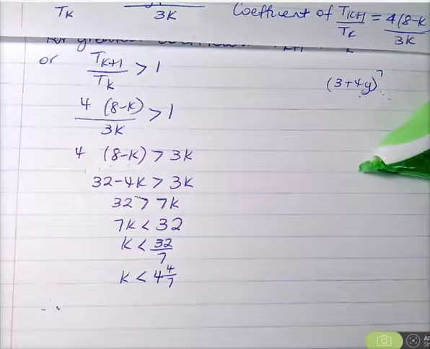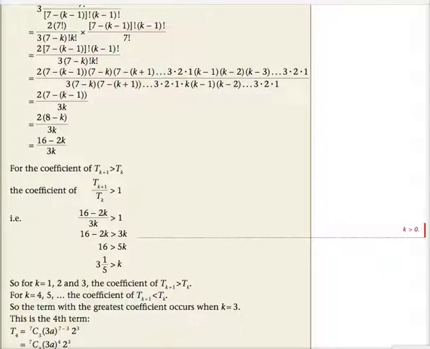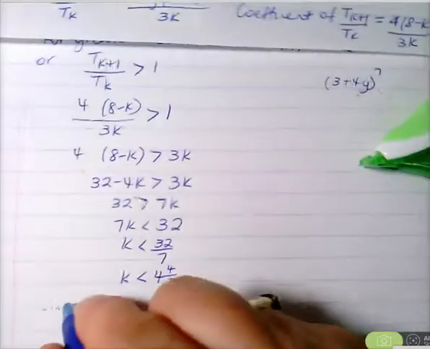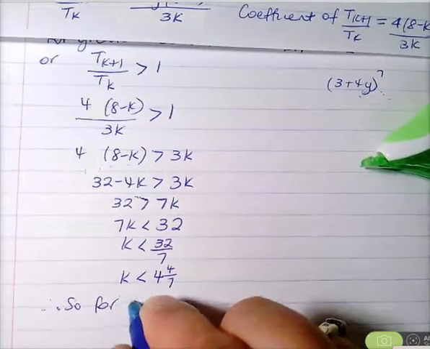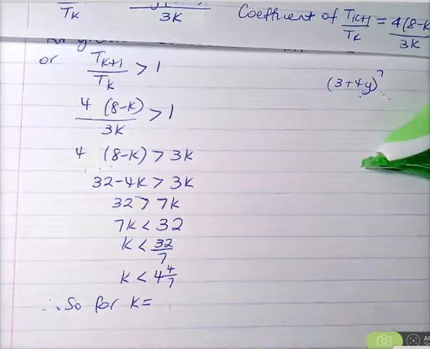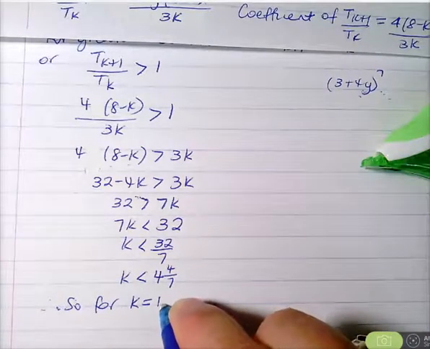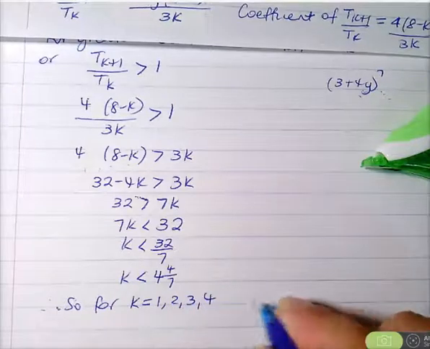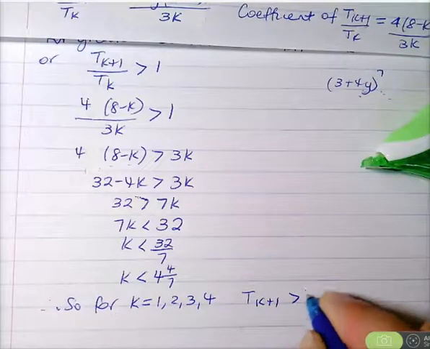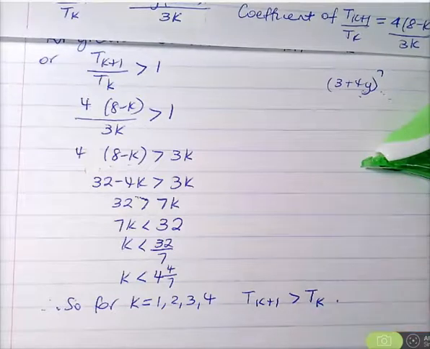So therefore, for k equals 1, 2, 3, and 4, t to the k plus 1 is greater than t to the k.